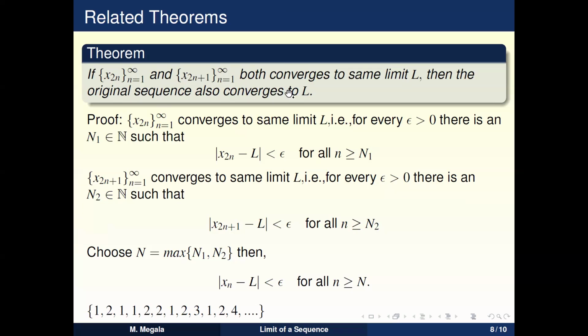Why is it happening? See, the same graph I will show you. Okay, first we see x2n converges to L. By the definition, for every epsilon there is an n1, because two things are there, I am just writing n1 and n2, such that |x2n minus L| is less than epsilon for all n greater than or equal to n1.